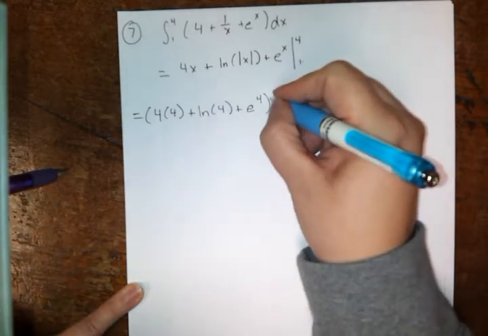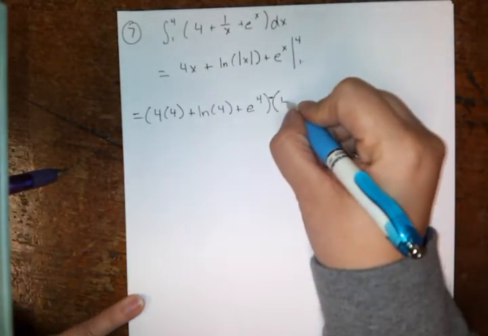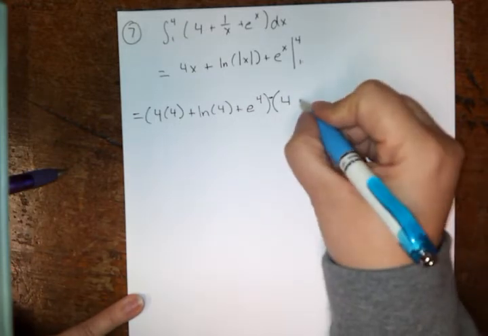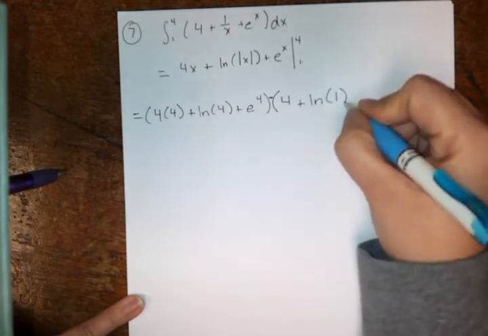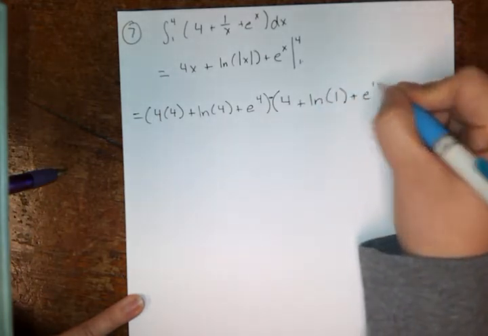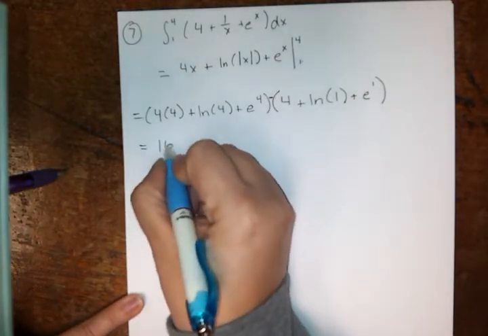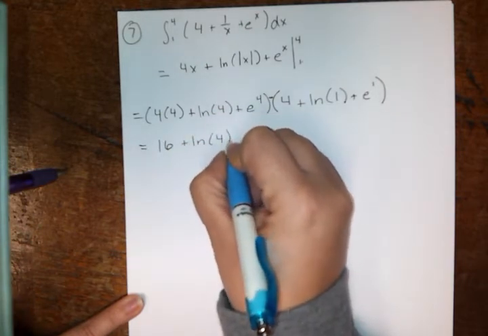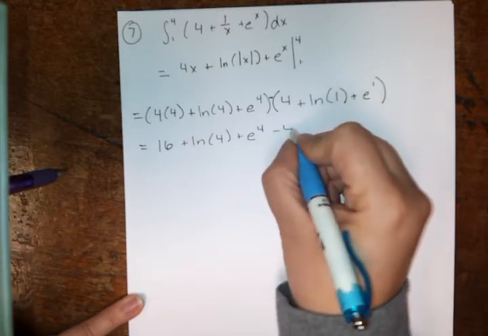And that's a minus, I can do my math here, minus 4 times 1, so I'm just going to leave that as a 4, plus the natural log of 1 plus e to the 1. Okay? And so that gives me 16 plus the natural log of 4 plus e to the 4th minus 4.